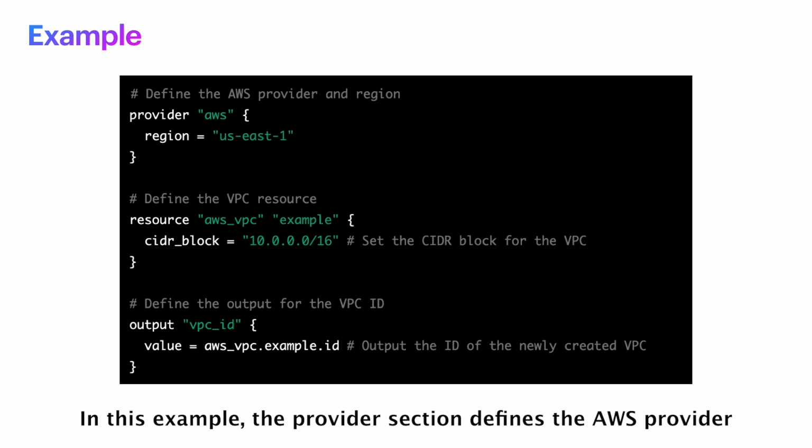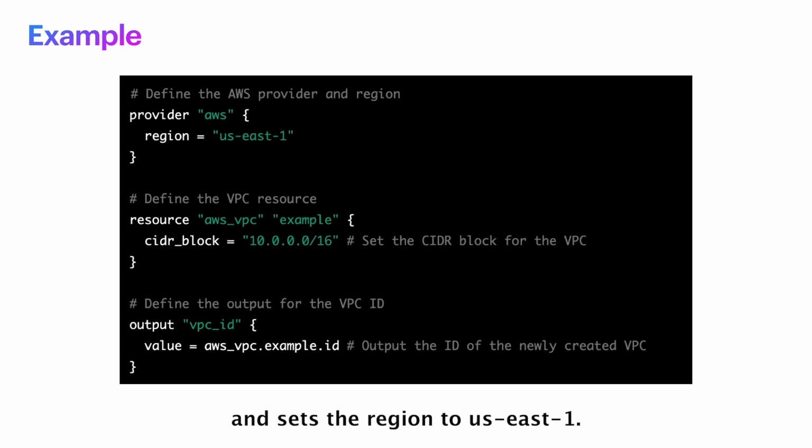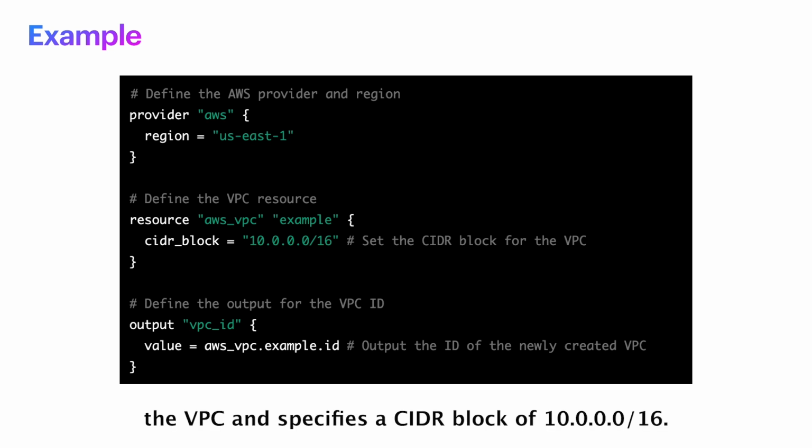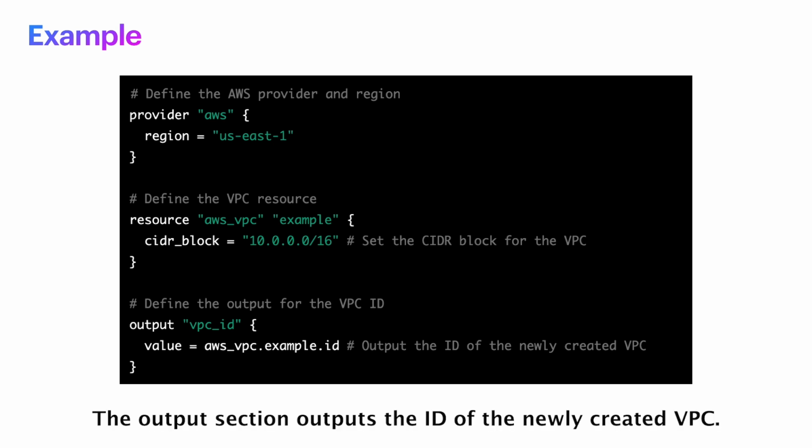In this example, the provider section defines the AWS provider and sets the region to us-east-1. The aws_vpc resource defines the VPC and specifies a CIDR block of 10.0.0.0/16. The output section outputs the ID of the newly created VPC.